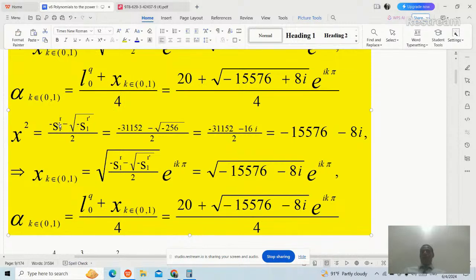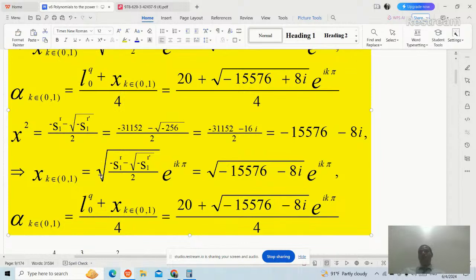Therefore, xk, k from 0 to 1, is the root of x squared, which is the root of negative s1 over the r minus root of negative s1 over the r dash, over 2. Exponential ik pi, simply because this is x squared, I can write here exponential 2ik pi.